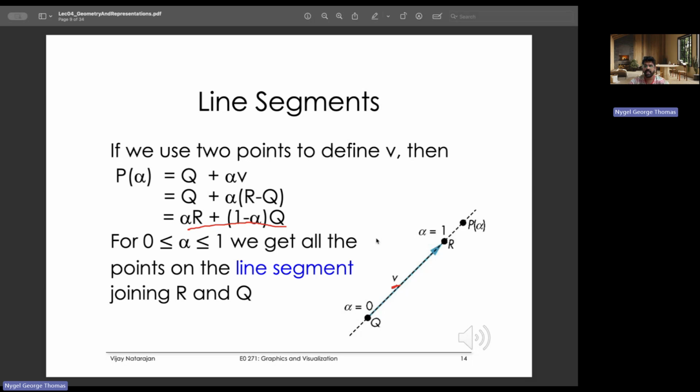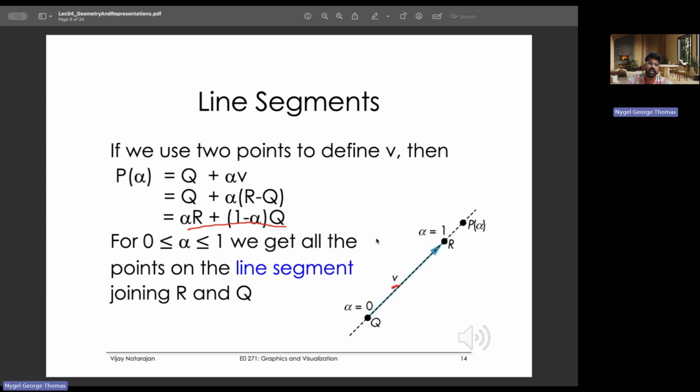Now we'll look at line segments. We've already seen lines. Line segments are more confined versions of lines. If you use 2 points to define a vector, then P of alpha is equal to Q plus alpha times V, which we've seen earlier. We've also seen a vector can be represented as a difference between 2 points.